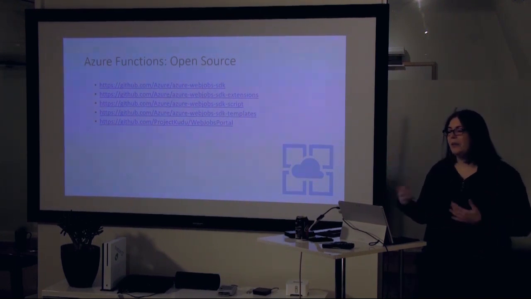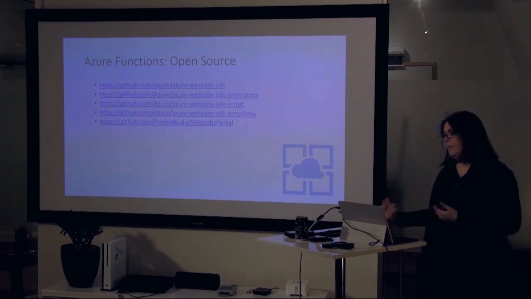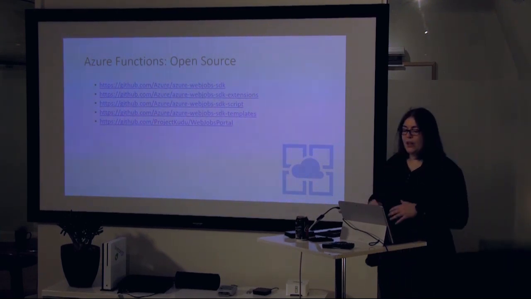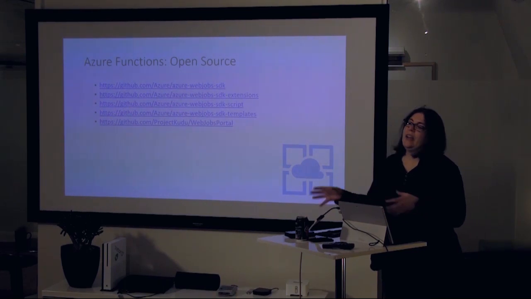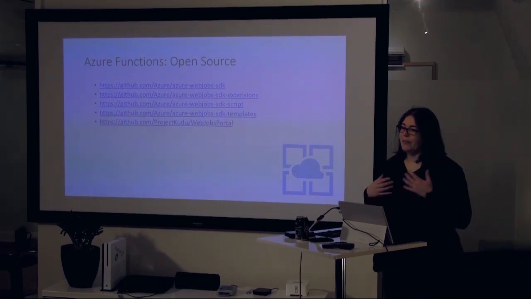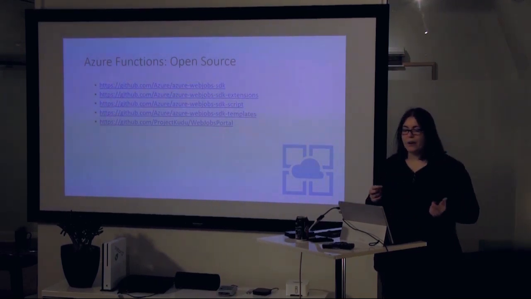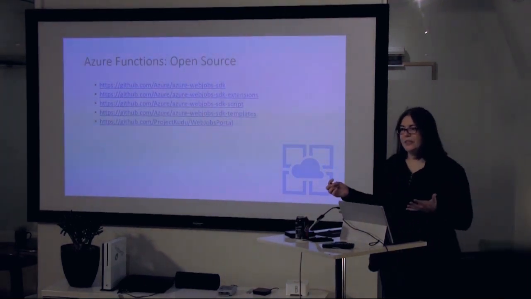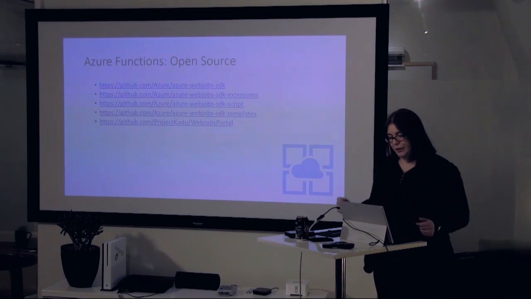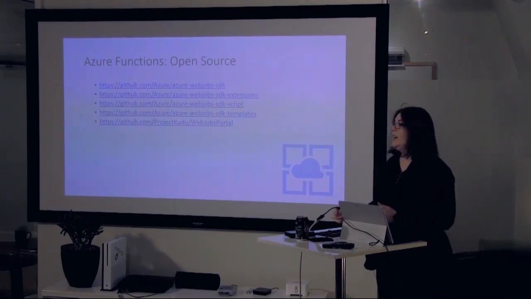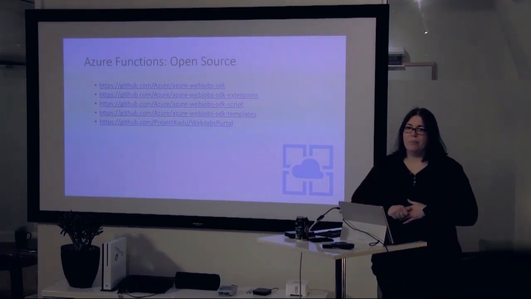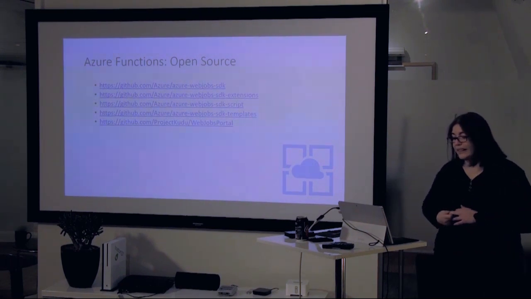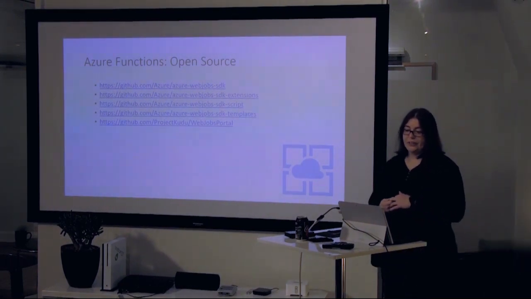And then once in a while when you're working with functions, you might see the word web jobs. So that's where the base of the code came from. Web jobs were out there helping us supplement some of our ASP.NET programming or other kind of programming. And now that we have functions, it's kind of grown and matured into its own framework. But we just didn't get around to renaming everything yet. So that's where you could get the source for Azure functions.